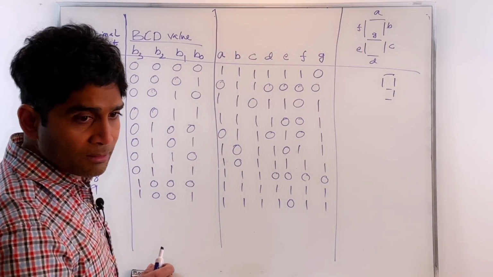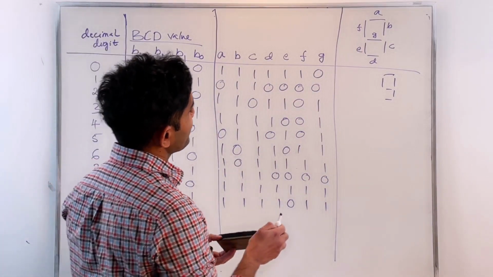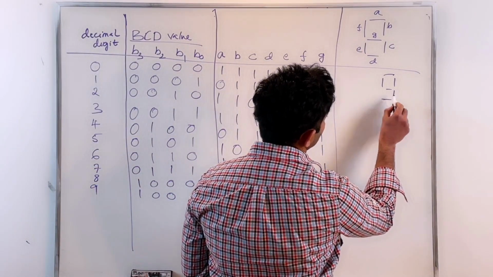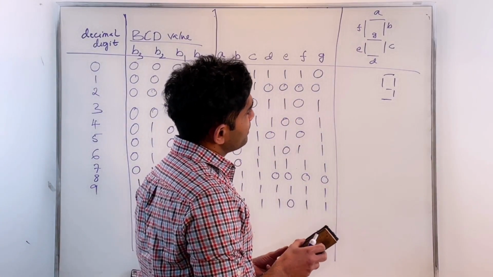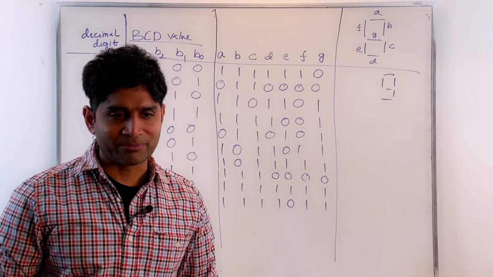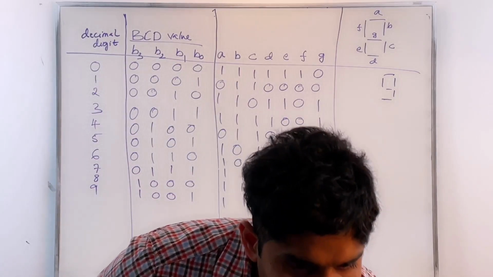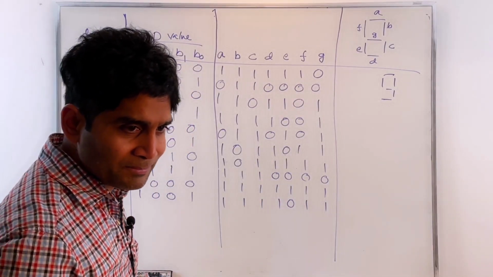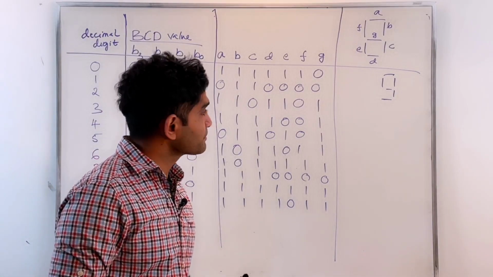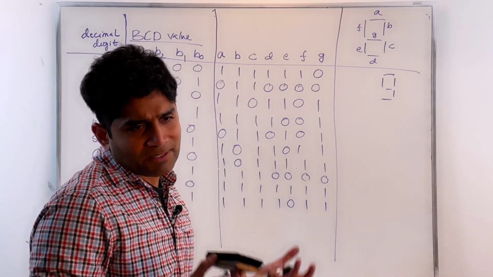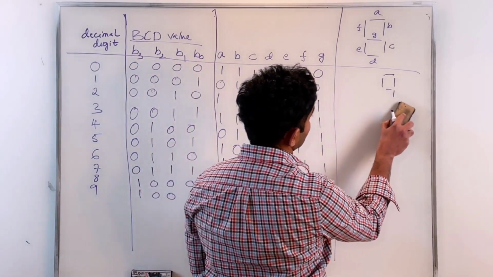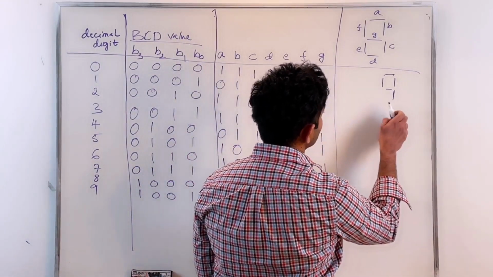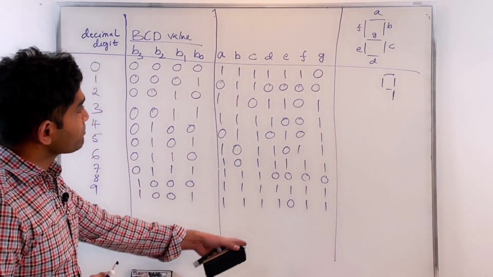You can do it with or without the bottom one. Again, it depends on how you want to display it. When you think about it, how is it displayed in your calculator? It's optional. If you want to go like this, that's fine, in which case you don't want to display D.